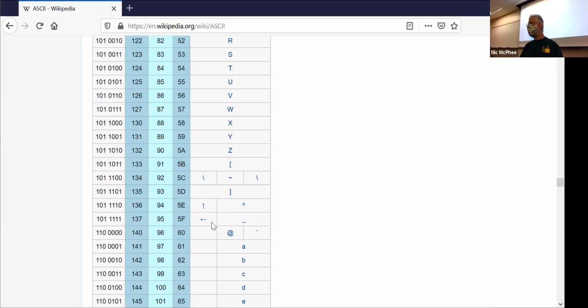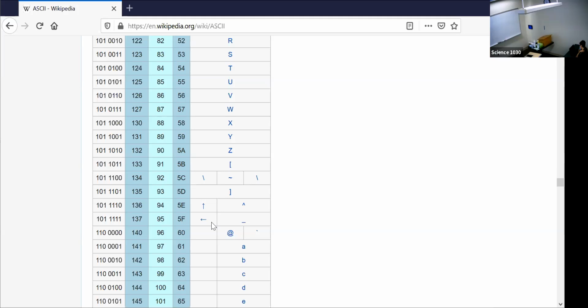We also had to standardize on characters, especially on the oddball punctuation characters. On a typewriter, you would never need up arrow and down arrow. You can't really use arrow keys to move around on a physical typewriter where there's a roller and all that sort of stuff. That's just not how typewriters work.